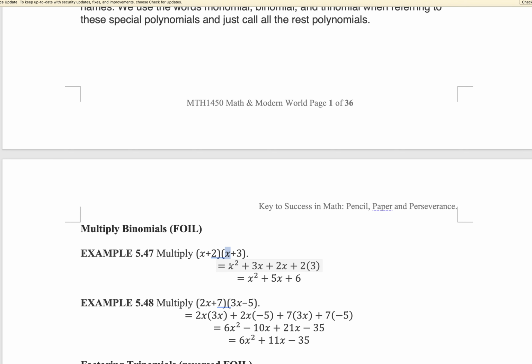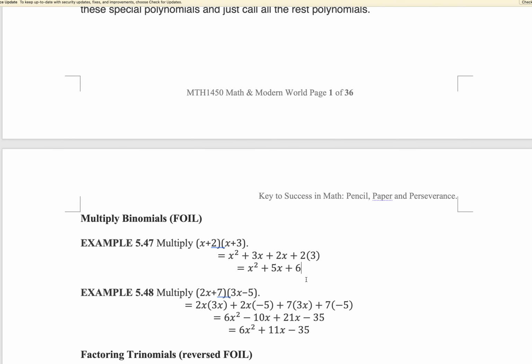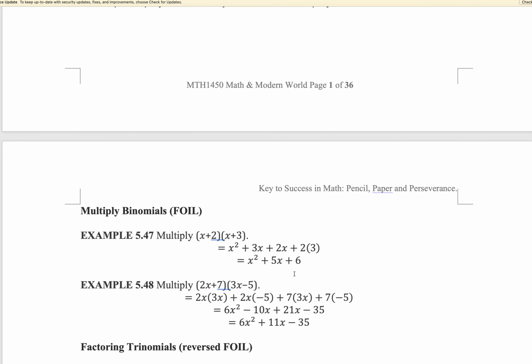So I have the product of the 2 first terms, x squared. Then the product of the 2 outer terms, x and 3, is 3x. The product of the 2 inner terms is 2x. And the product of the 2 last terms, 2 and 3. And with this, we get the result. Multiplication of binomials using the so-called FOIL rule.